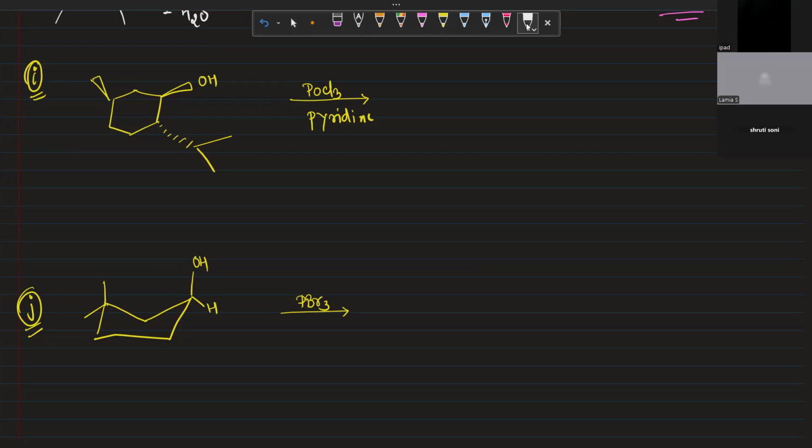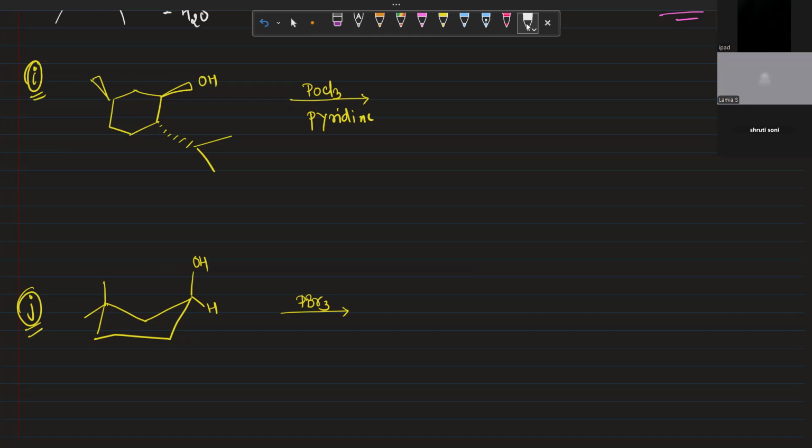Okay. What is POCl3? Phosphogen, I think you told me phosphogen. Phosphorus oxygen trichloride. Yeah. So whenever there is POCl3 in presence of pyridine, what type of reaction will proceed?